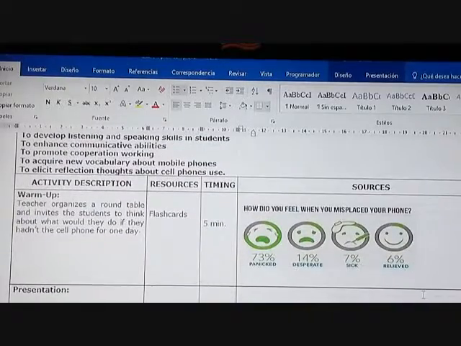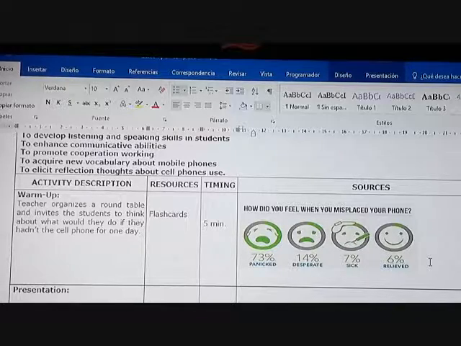Now here comes the activity description, or the stages, and we have, for example, the warm up. It basically is when the teacher organizes a round table and invites the students to think about what they would do if they hadn't the cell phone for one day. For this stage, the teacher uses flashcards, which you can see in the right part, showing different behaviors that a person could have when they misplaced or forgot the phone.